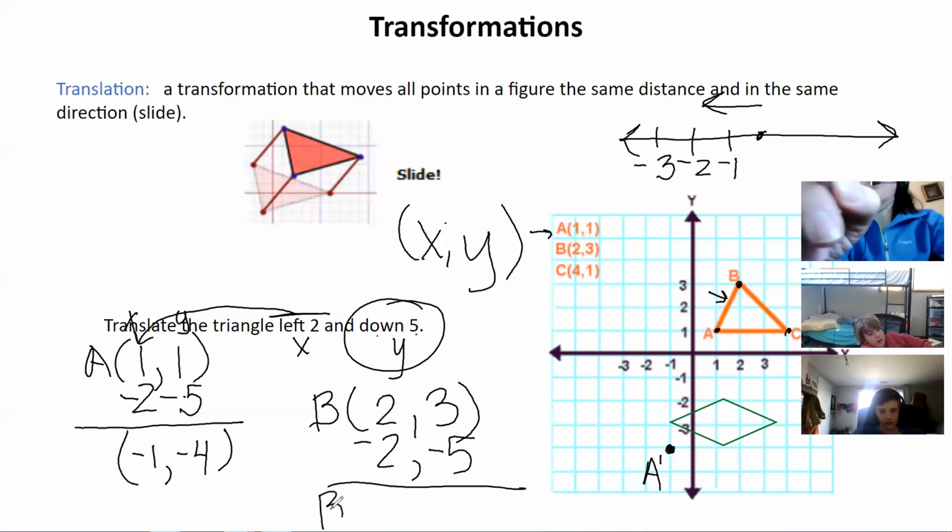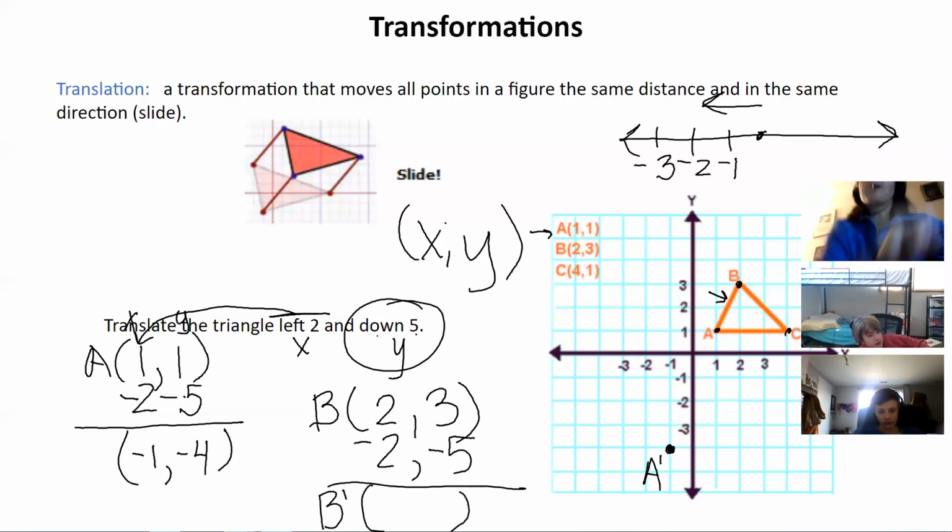What would my new point for B prime be? 0, -2. Yeah, that's what you meant. And see, if you said 0, 2, you would always plot it and be like, wait a minute, that's not right. So that's a good way to check yourself. So 0, -2, there's B prime.